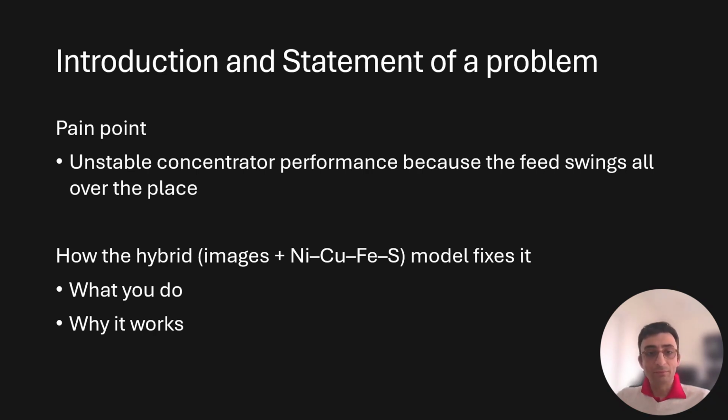So, why does it work? Images catch texture and tone that correlate with sulfide modes, such as massive, net texture, or disseminated sulfides. And chemistry anchors decisions numerically. For example, the sulfur percent, the mass of sulfide, or your nickel copper.